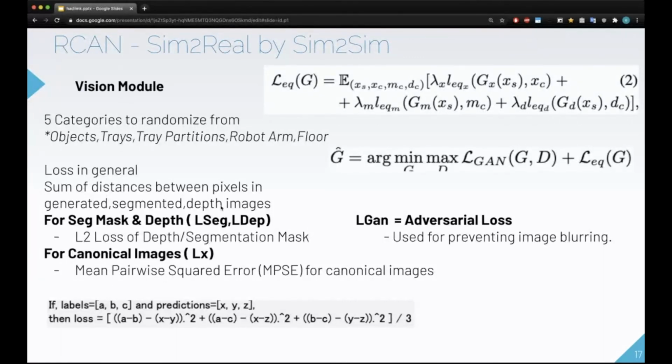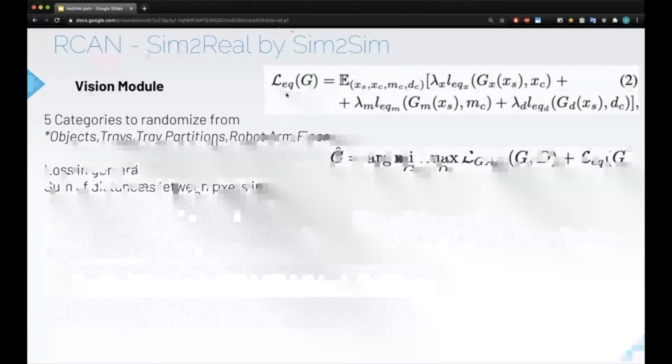For the images you created, you are using a mean pair error, and for the GAN you are using an adversarial loss to prevent image blurring. And this is really standard. I think the only difference here is the equation to combine all of these together in one big loss function for the GANs.